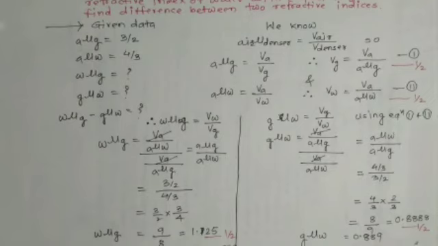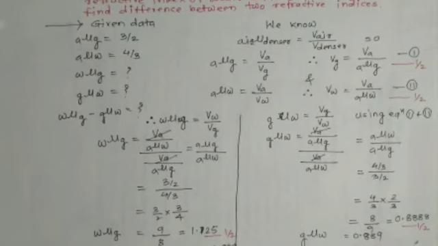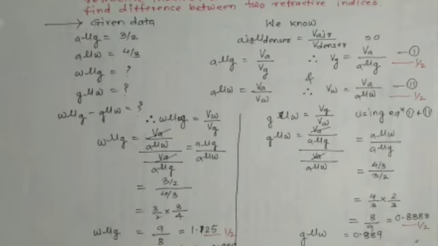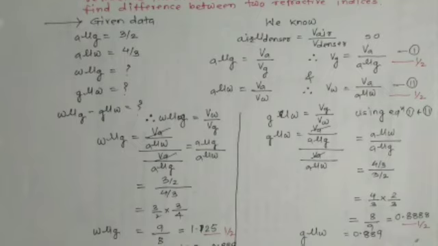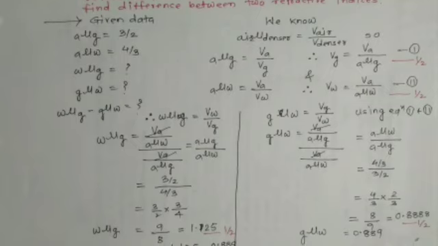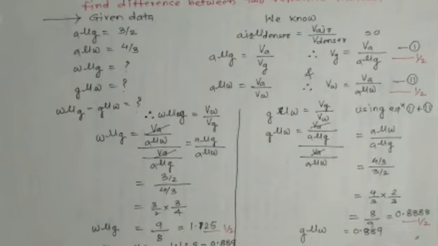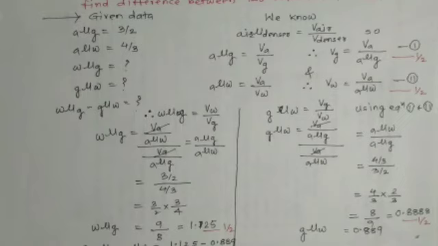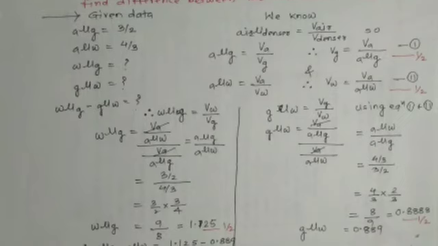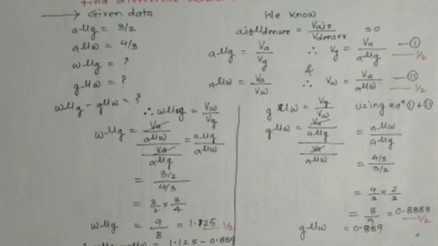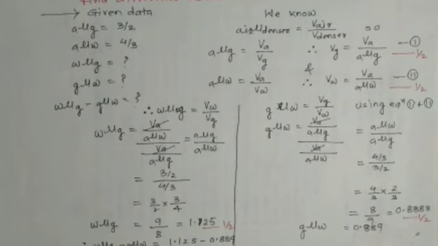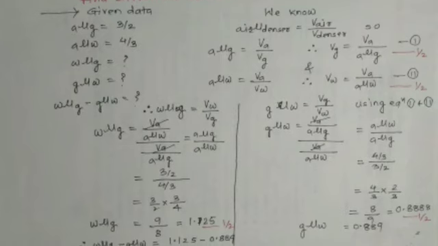So first of all, we have seen mu for glass with respect to air is equal to velocity of air upon velocity of glass. Therefore, velocity of glass equals velocity of air upon mu for glass with respect to air. Equation 1. Mu for water with respect to air equals velocity of light in air upon velocity of light in water.